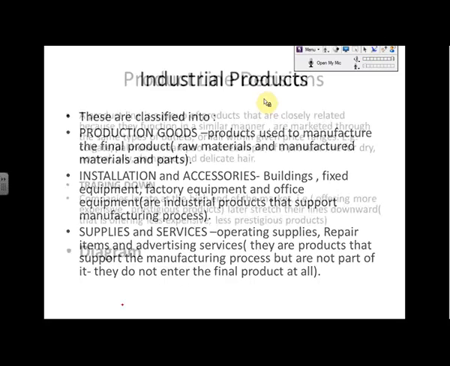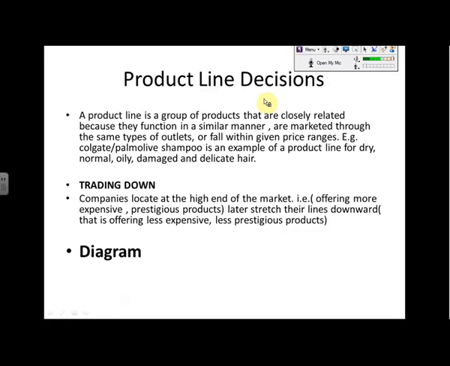Product line decisions. A product line is a group of products that are closely related because they function in a similar manner, are marketed through the same types of outlets, or fall within given price ranges.